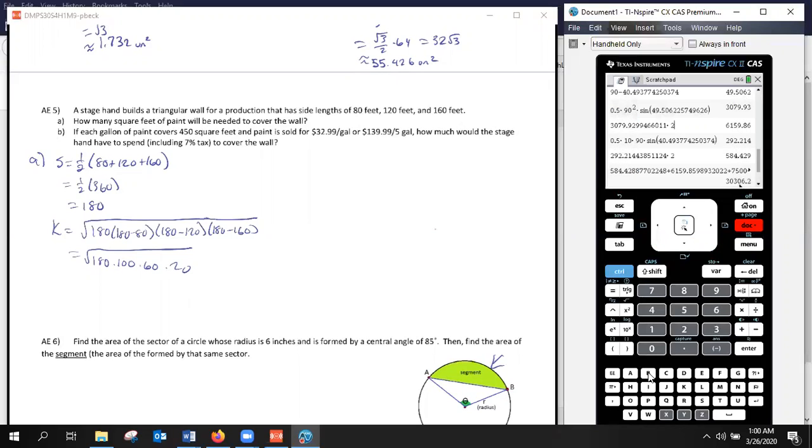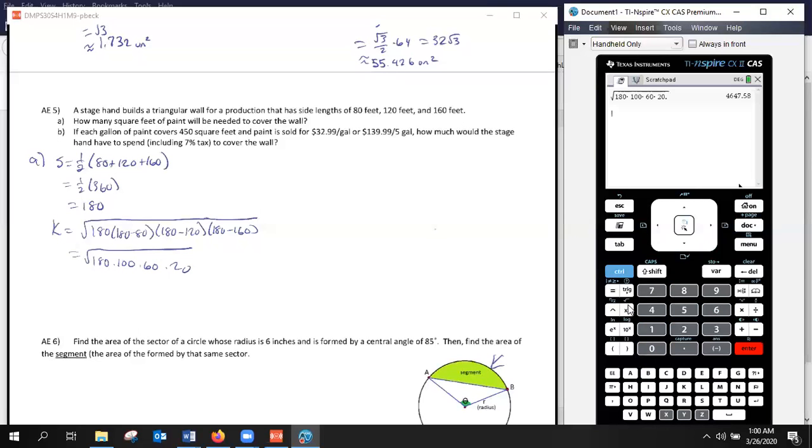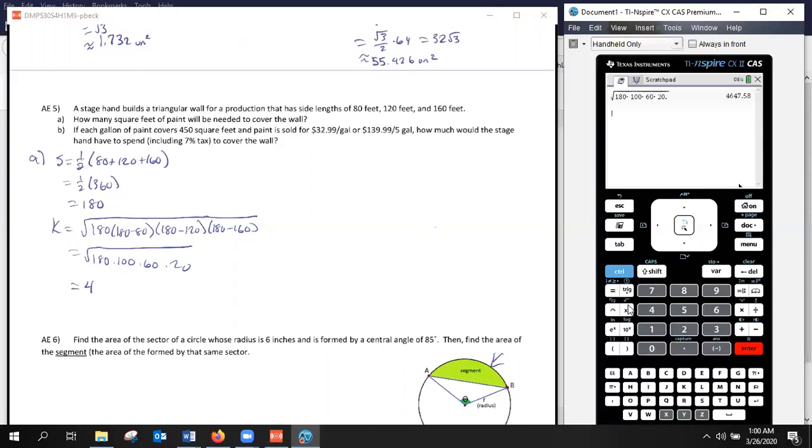Let's go ahead and find the square root of 180 times 100 times 60 times 20, and we get our area of this wall is 4,647.58.